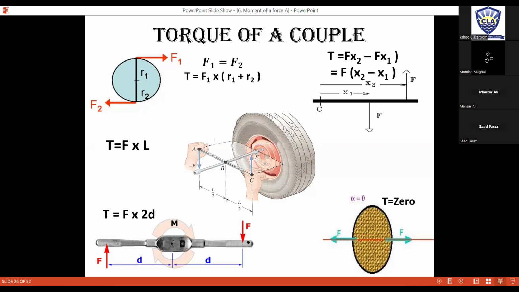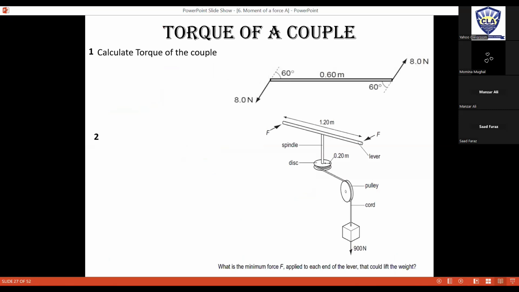Okay, next. Now, are these forces a couple? 8 newtons and 8 newtons, both of them are equal and they are opposite. So they form a couple in this case. In this case, how to find the torque? Distance is 0.6, but it is not perpendicular to the forces.